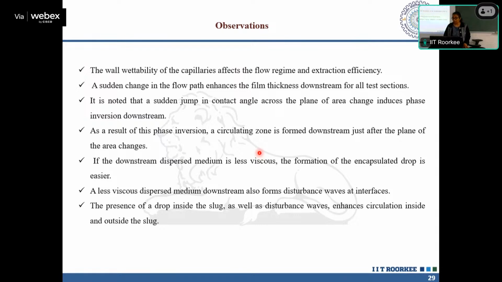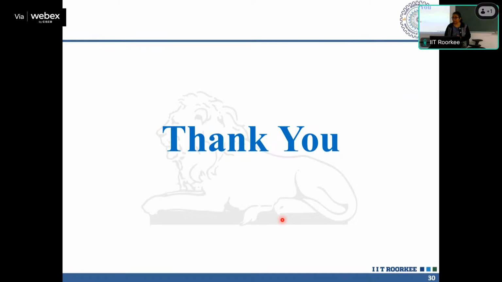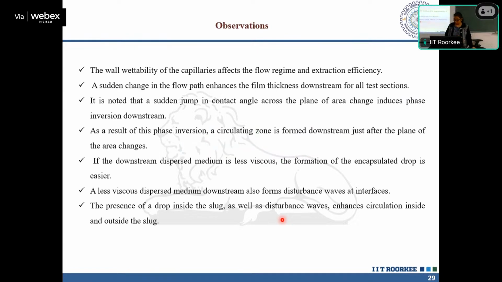And then in the downstream, if we have the circulation region followed by the less viscous phase forming your dispersed phase, then probably you could get some disturbance wave at the interface. So combining these two effects, you can further enhance the mass transfer. At this point, I would like to ask if you have any doubt.